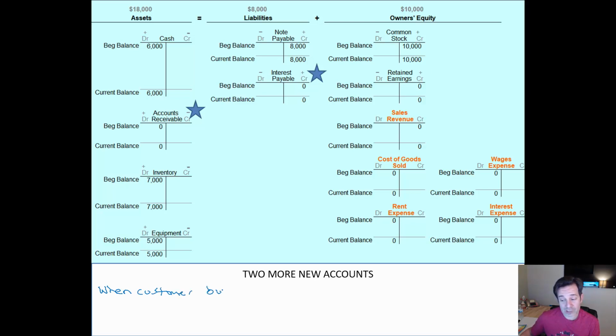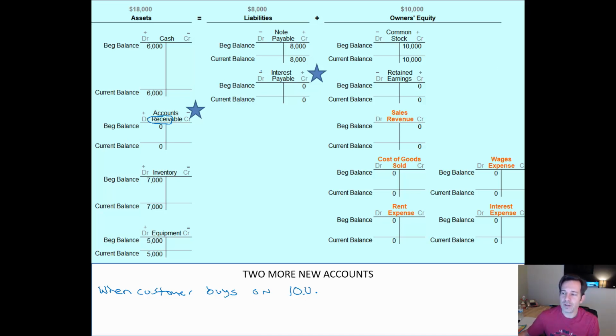They don't pay us cash right away. They say, hey, we'll pay you later. We now have an IOU. So that's an asset. When a customer promises to pay later, we expect them to pay later. We expect to receive that money. It's a receivable. We expect to receive it.